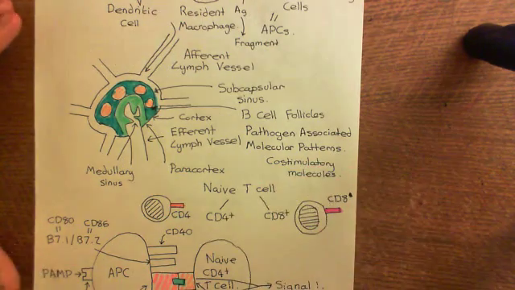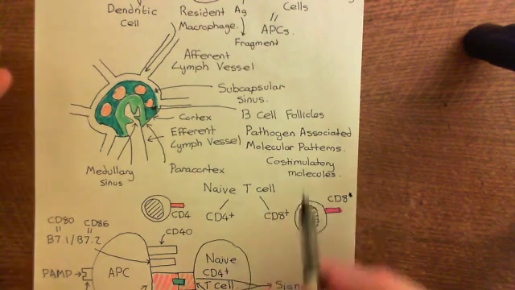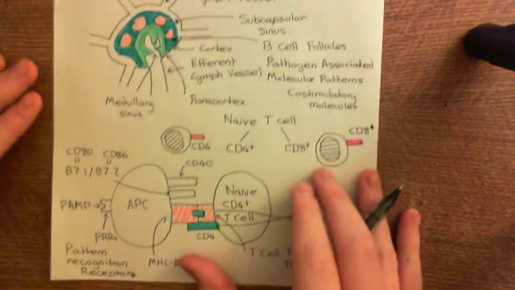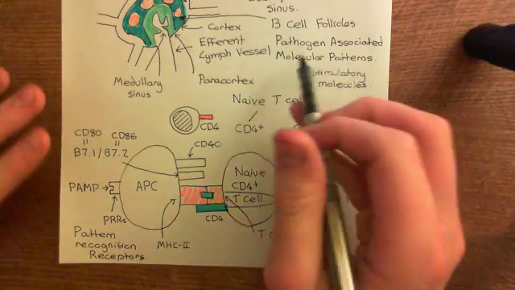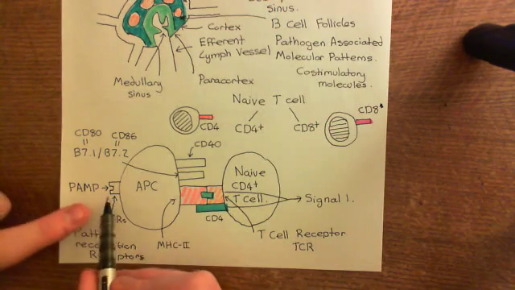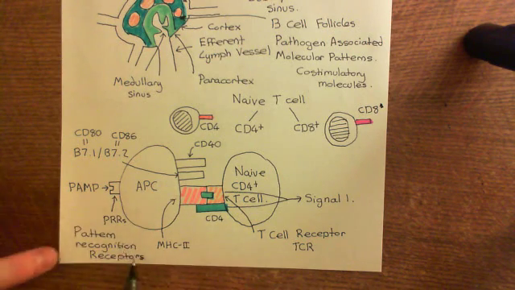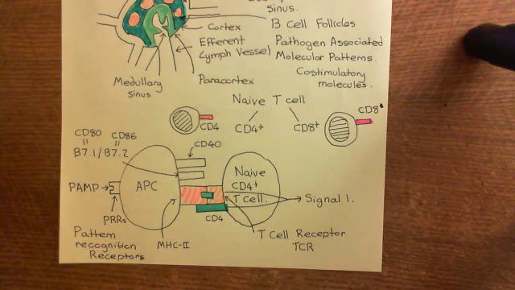So pathogen-associated molecular patterns is the umbrella term for all molecules that pathogens would have that human cells would never ever have. Okay, so there are a huge number of different pathogen-associated molecular patterns, and the different pathogen-associated molecular patterns will have different receptors on the surface of the antigen-presenting cells, and all of these receptors are collectively grouped together as pattern recognition receptors.